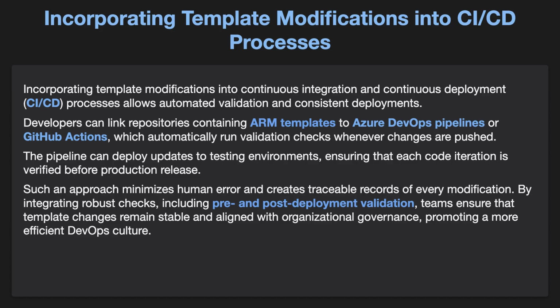The pipeline can deploy updates to testing environments, ensuring that each code iteration is verified before production release. Such an approach minimizes human error and creates traceable records of every modification. By integrating robust checks, including pre- and post-deployment validation, teams ensure that template changes remain stable and aligned with organizational governance, promoting a more efficient DevOps culture.